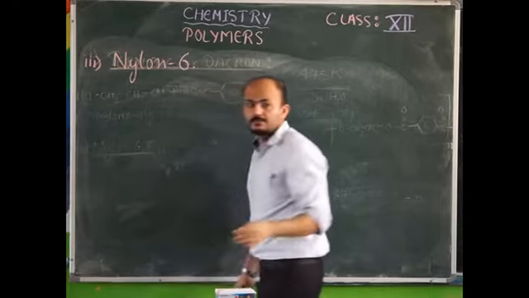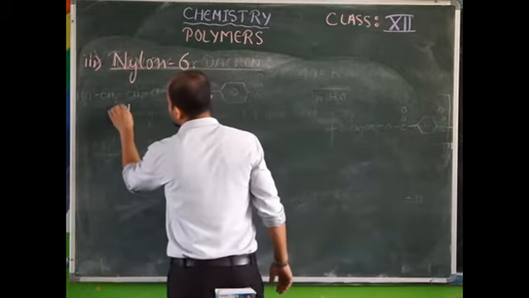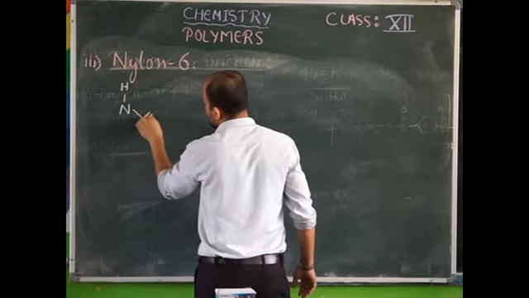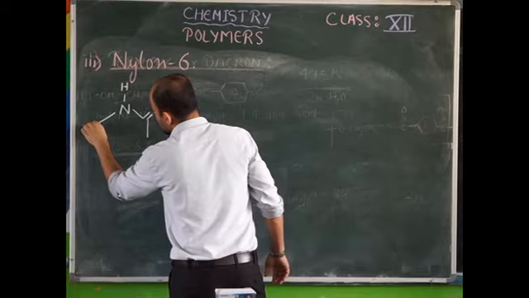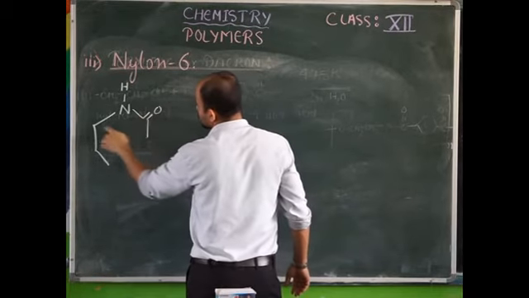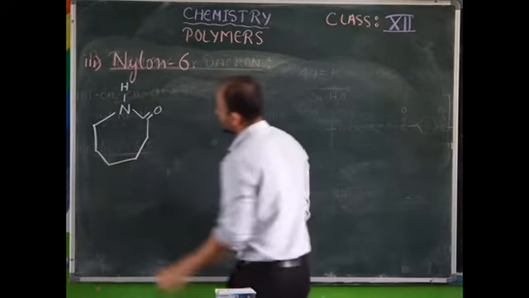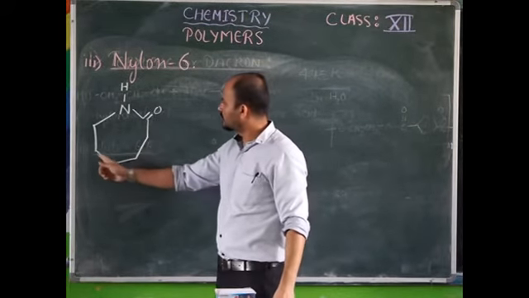You have to remember the structure of caprolactam. It is a 7-membered ring with NH, and here you have C double bond O, then 1, 2, 3, 4, 5, 6, 7.